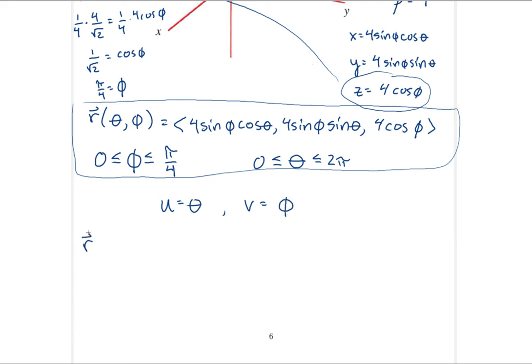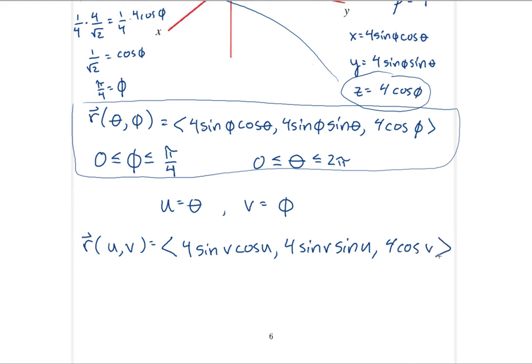So this will be r of u, v equals 4 sine v cosine u, 4 sine v sine u, and then 4 cosine v. And again, u can go between 0 and 2 pi, and v can go between 0 and pi over 4.